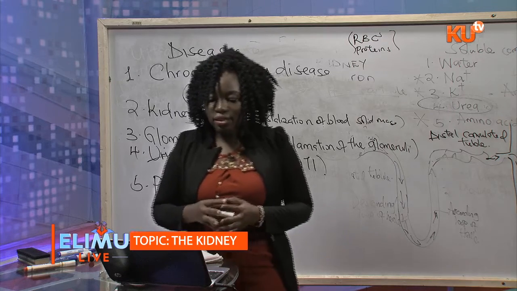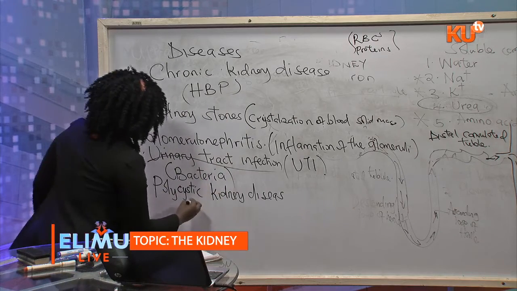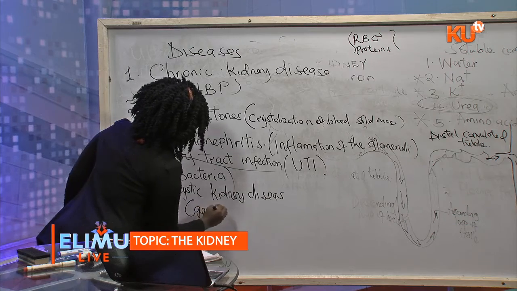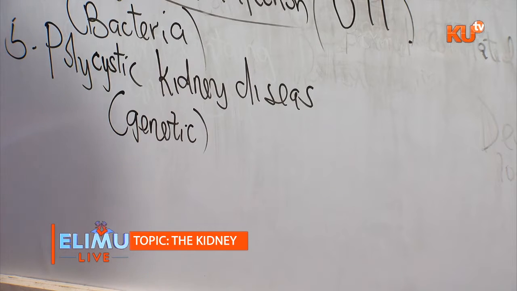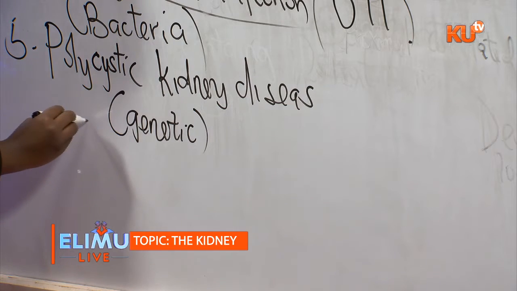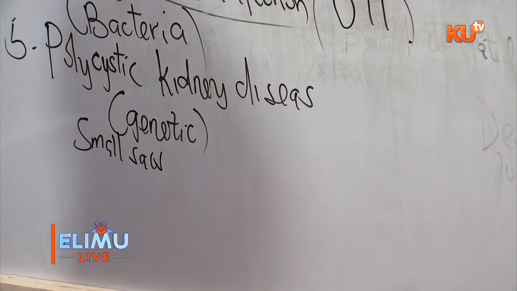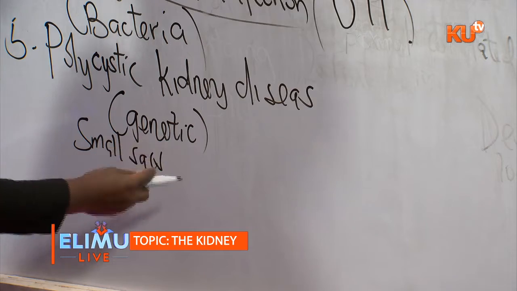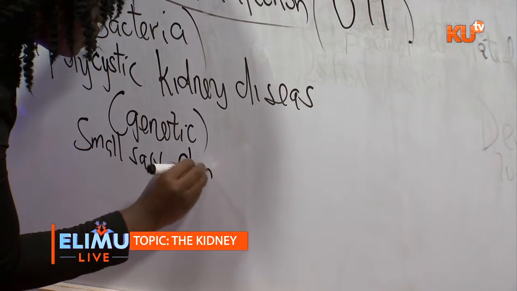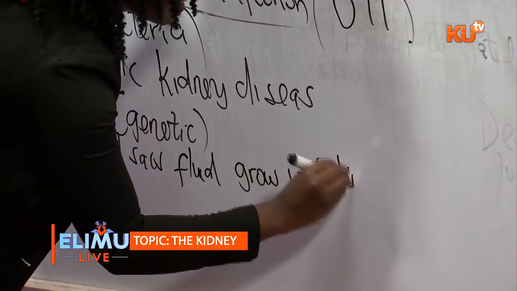These cysts are small sacs of fluid that grow in the kidney. So this one is genetic. It is not just acquired from anyone. It is genetic, and it causes small sacs of fluid to grow in the kidney.